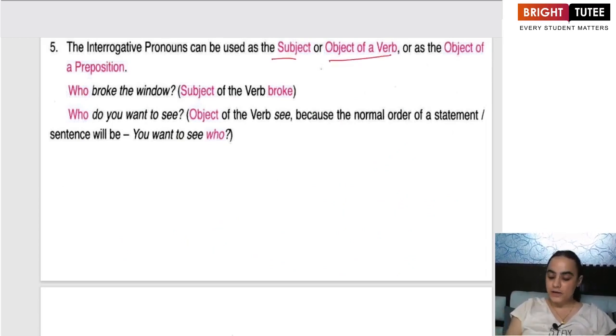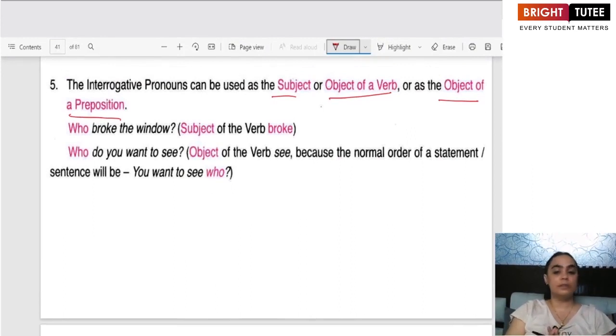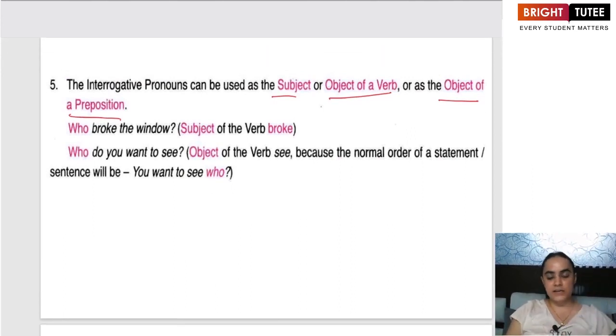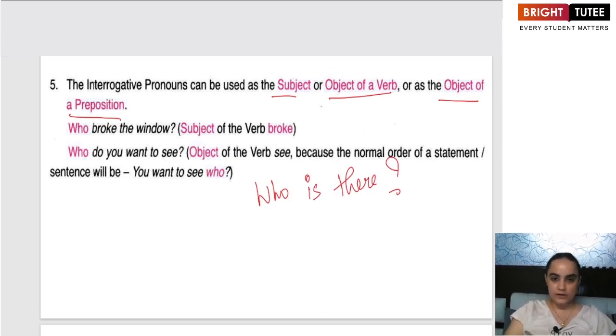Next, I can use my interrogative pronoun both as a subject or the object of the verb, or even as the object of the preposition. Now these three terms I'm sure we are clear with by now. Let us first take the example of the subject. Who is there? Here, who is used as a subject. Let us talk about the object.